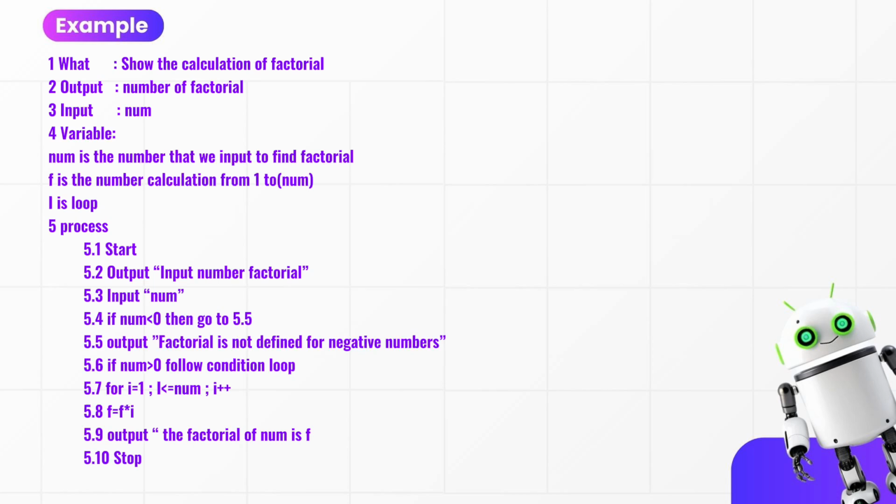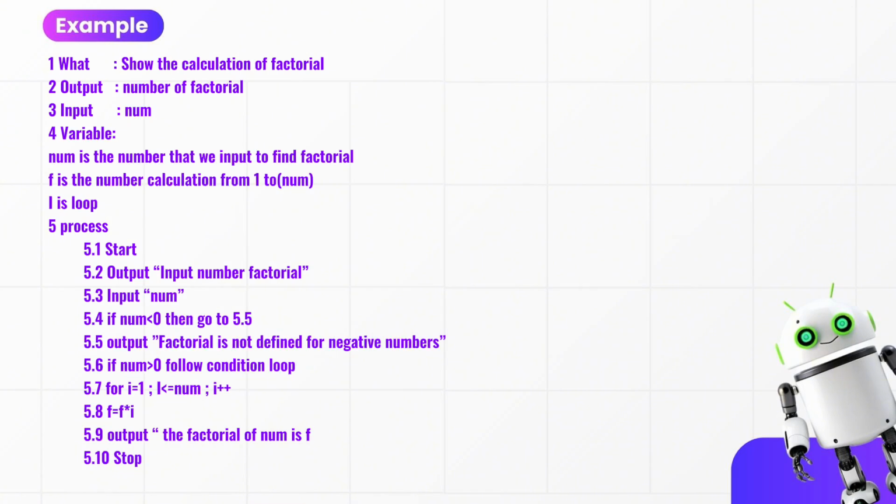For this example, we use it to find the mathematical factorial. Okay, let's see. Number 1 is defining the problem: the calculation of factorial, which means we have to find a factorial. Next, number 2, output.